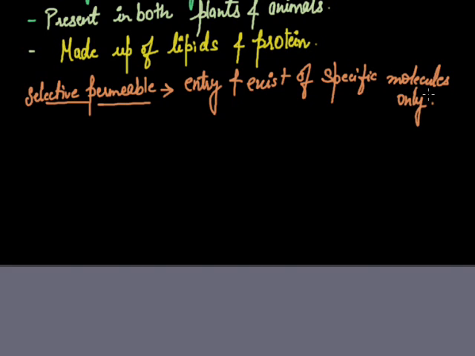That is, a permeable membrane means any molecule can come and go out of the cell. But selective permeable is specific. Not all the molecules can enter or exit the cell. Only the limited specific molecules can cross the plasma membrane.